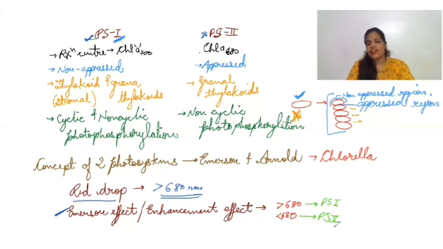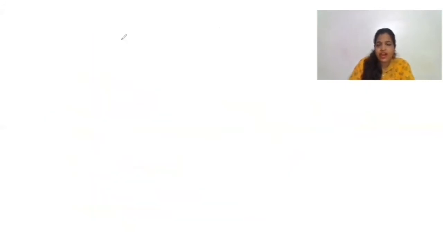So here we are done with the concept about the photosystems, and now we are here with our main part, that is the two types of light reaction. So what are the two types I told you? The two types of light reaction are cyclic photophosphorylation and non-cyclic photophosphorylation.